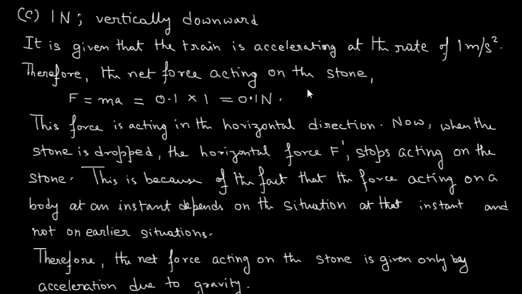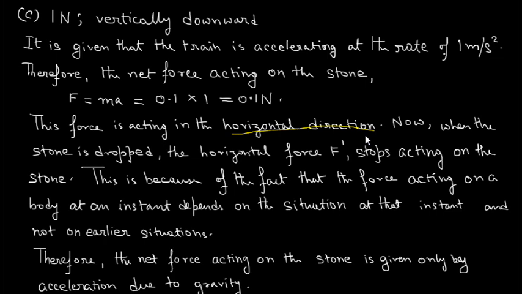Now let us see the part C. Answer is 1 Newton, direction is vertically downward. Let us see how it comes. It is given that the train is accelerating at a rate of 1 meter per second square. Therefore, the force on the stone, F is equal to ma, that is 0.1 into 1, that is 0.1 Newton. This force is acting in the horizontal direction.